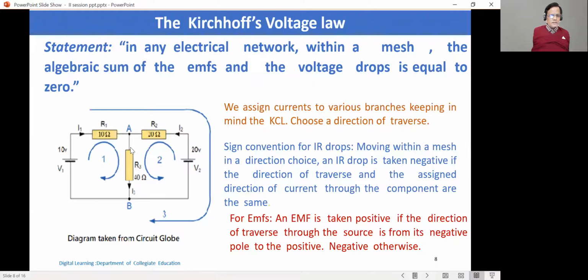Here in this particular loop, as we can see, R1, R2, R3 are the three branches. In many cases, you will have several resistors forming a single branch. For example, if instead of the 20 volt battery here, we had another resistor, then the two resistors would be in series between the points A and B. The same current would flow through them.